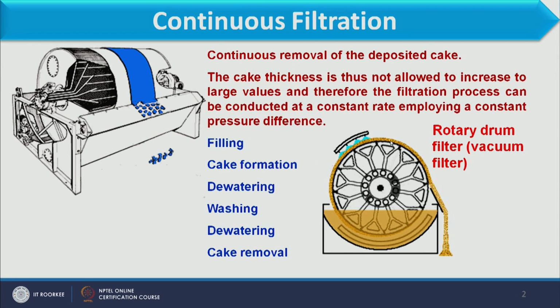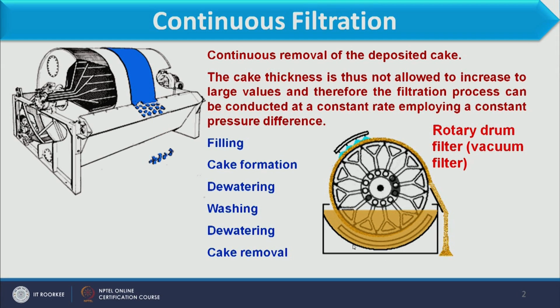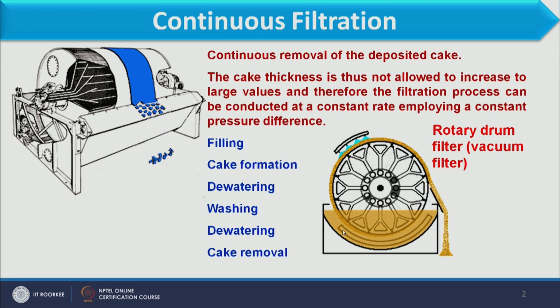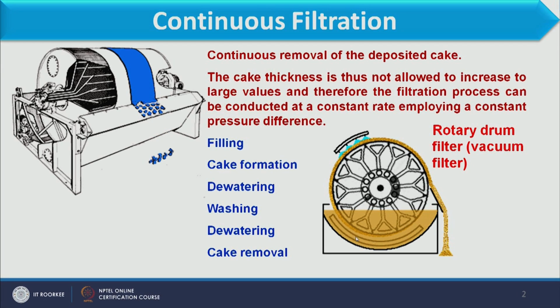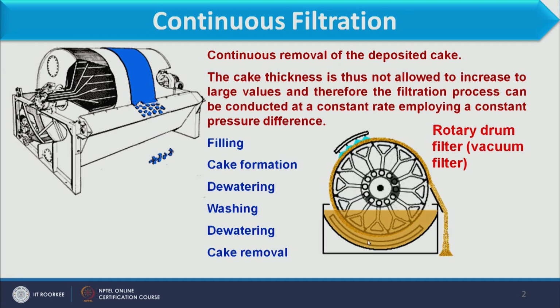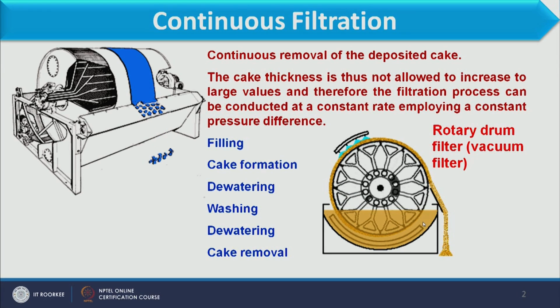If you see, this drum continuously rotates. Some section of this drum is submerged into the slurry, and if you see, some curved bar is there. This curved bar is basically used for uniform mixing, to keep a homogeneous slurry.